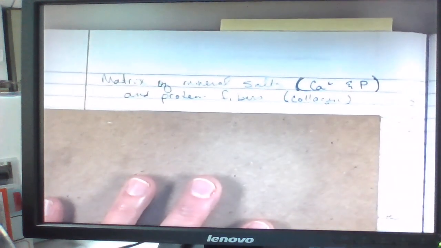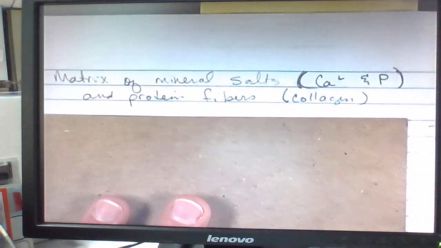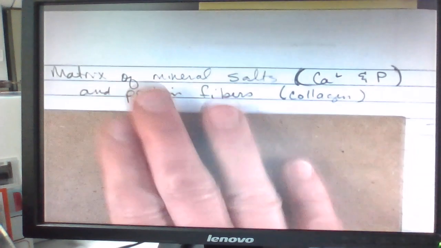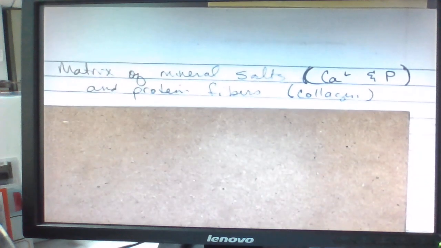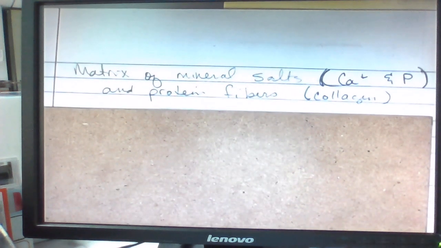So this is still compact bone. Compact bone is a matrix of mineral salts and protein fibers. The mineral salts are calcium and phosphorus, essentially, and the protein fibers are collagen.